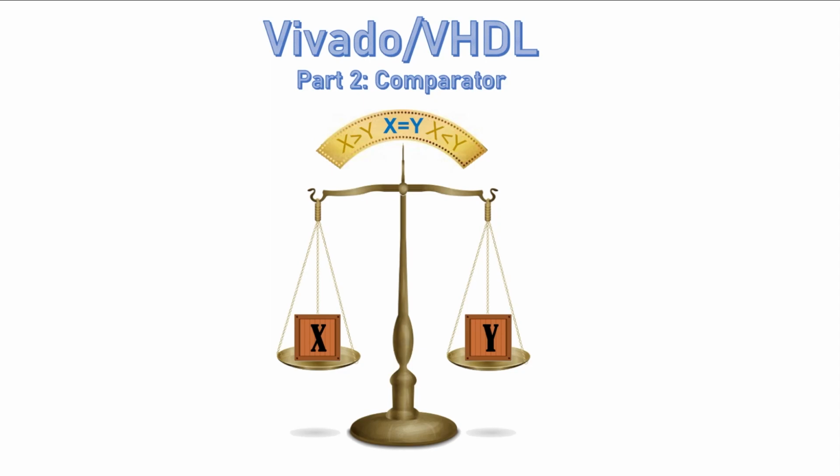The word is abstraction. To understand abstractions, there are higher levels of abstraction and lower levels of abstraction. When we start with abstractions, we start with transistors.